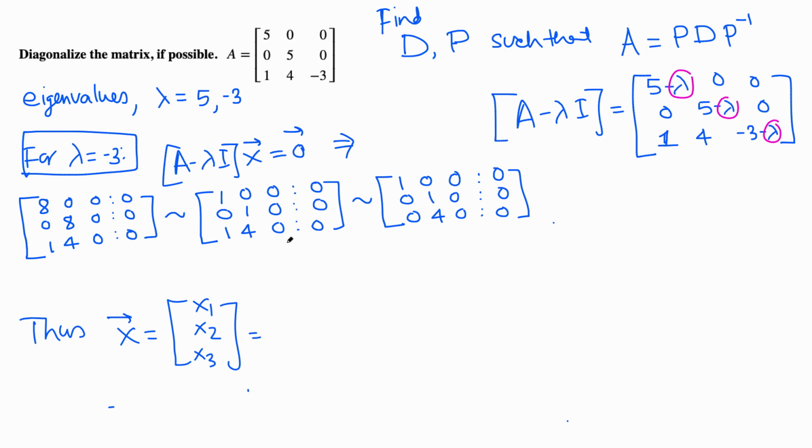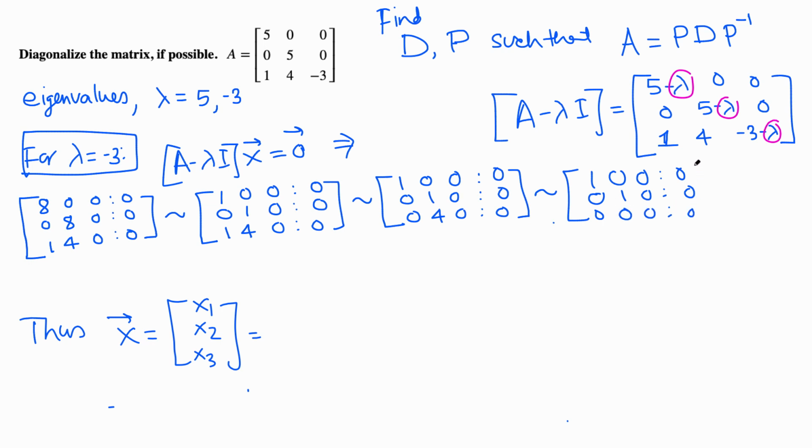Now to change this into echelon form, I'm going to work on R3 such that R3 plus -1 times R1. So 1 plus -1 is 0, and we get this. In the same way, now I can add R3 with -4 times R2, multiplying by -4 here and adding. So 4 plus -4 is 0, and everything is 0.